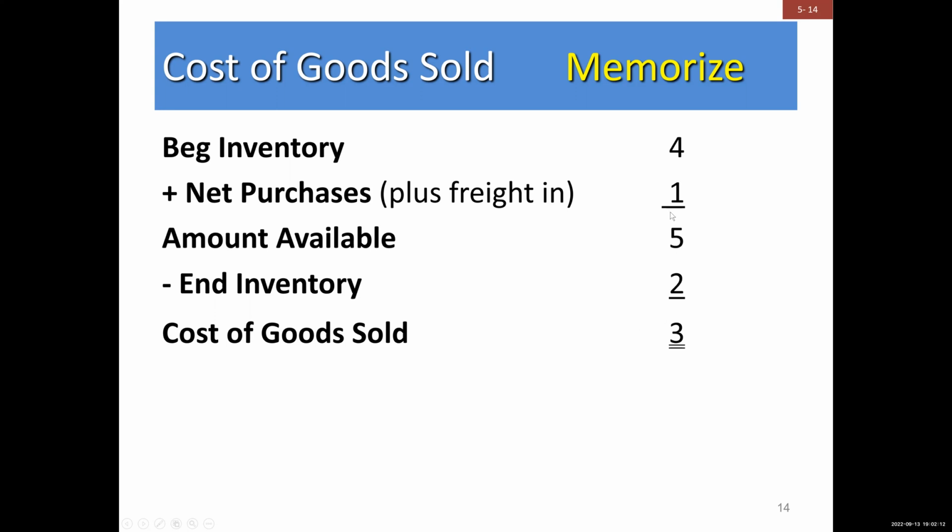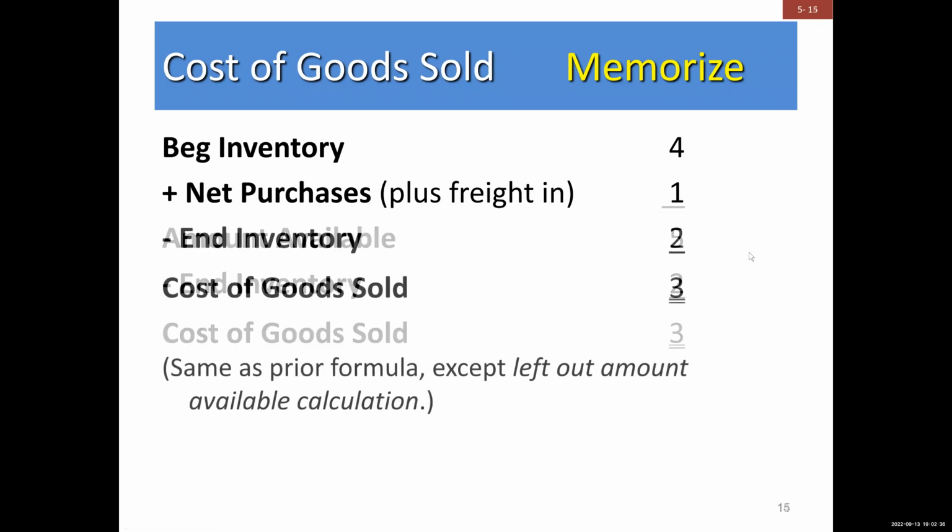Now notice here, just like before, we had beginning inventory. We started out with 4. We purchased 1 more, so we have 5 available. Now there is a formula where we don't have that. That's an intermediate figure. Let's take that out and see what we have. I like this, but sometimes you won't need it to do your calculations. Most of the time you will, but sometimes you won't. So check this out.